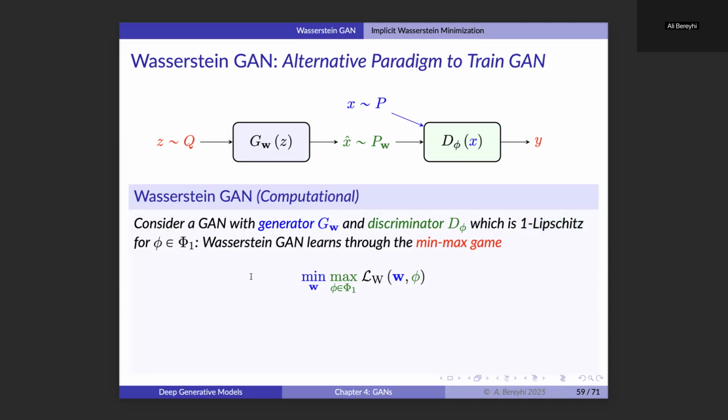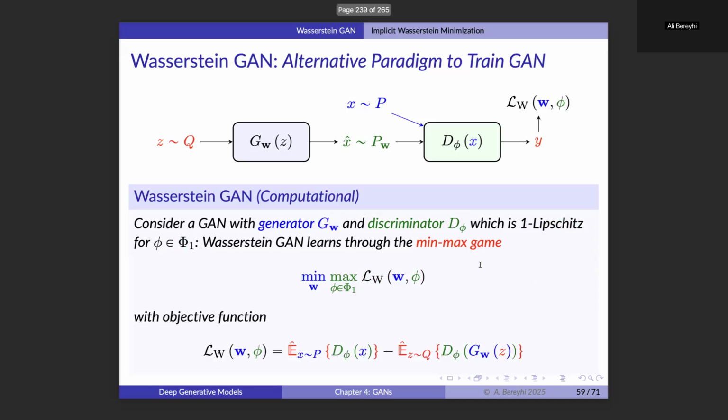So I do have access to this one. And then I am going to have this loss term, which is going to be a function of my discriminator network and my generator network. I once maximize it with respect to discriminator and then minimize it with respect to generator.